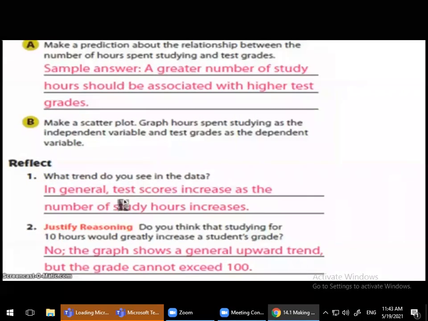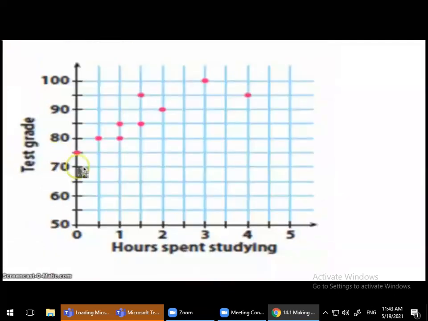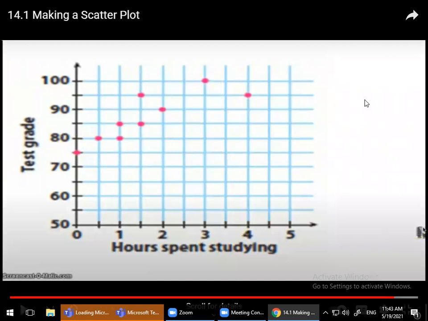Then it says, here's one justification. Do you think that studying for 10 hours will greatly increase a student's grade? Just go back and look at the scatter plot, but look at the trend. Would studying another 5 hours help?